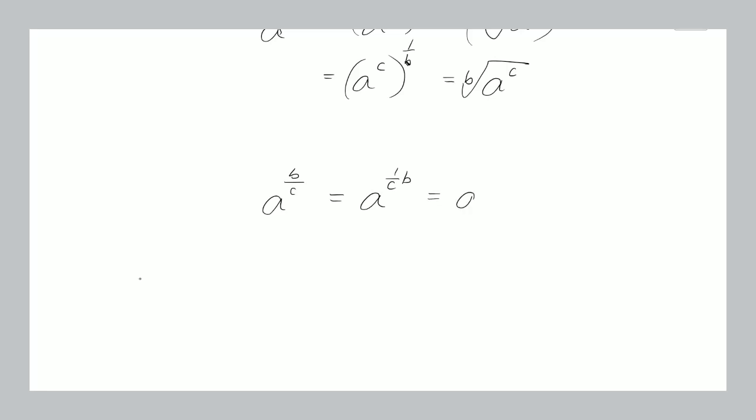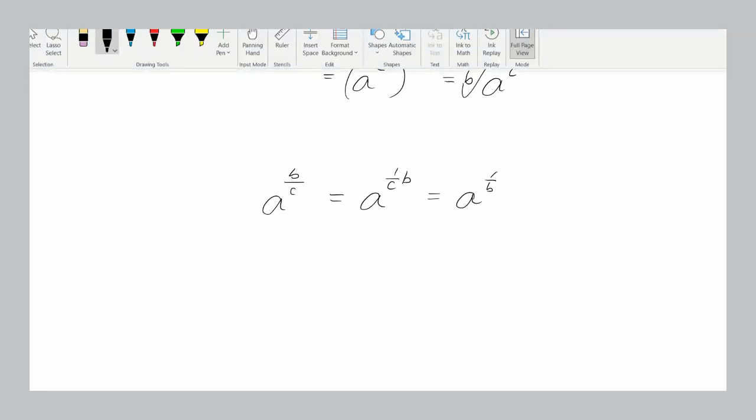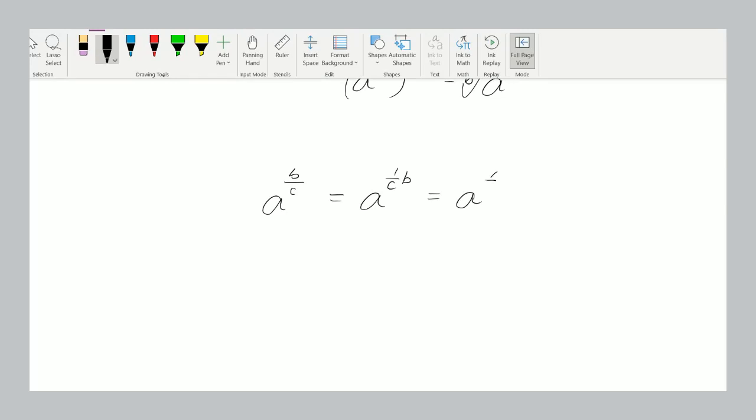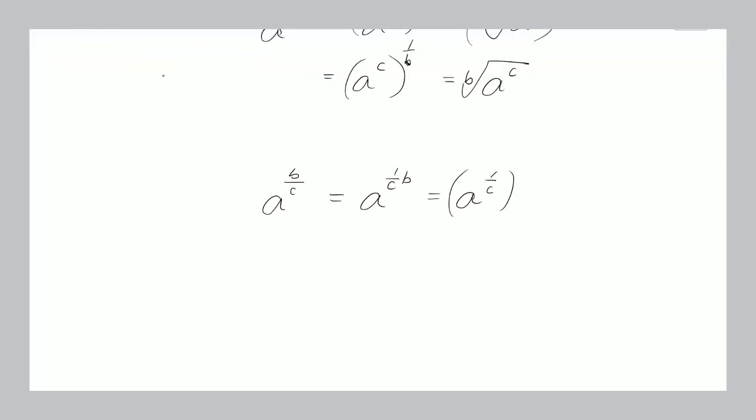So we could think of this as a to the power of 1 over c, and then to the power of b, which means it's the cth root of a, to the power of b. Or we can think of it as a to the power of b, and then to the power of 1 over c, in which case it's a to the power of b, and then the cth root of all that.